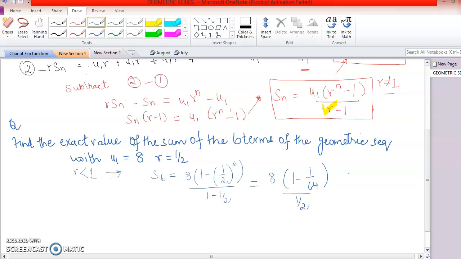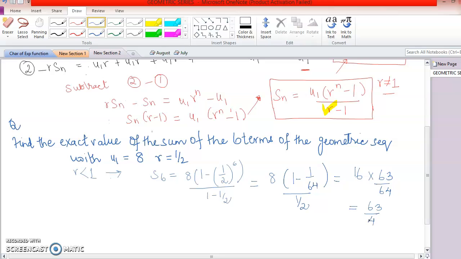And when we further solve this, the answer that we are going to get is 16, because 2 comes over to the numerator. So 2 times 8 is 16. 1 minus 1 over 64 is going to give you 63 over 64, and therefore the final answer is 63 over 4.